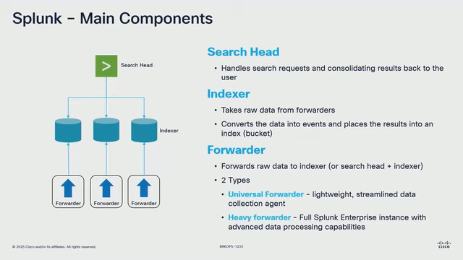Now, indexes are like a bucket of information that you can use in Splunk, and typically we have more than one index in use. So in the system that we're going to show here, I'm going to have an index for Catalyst, an index for Meraki, for example, and an index for NetFlow.